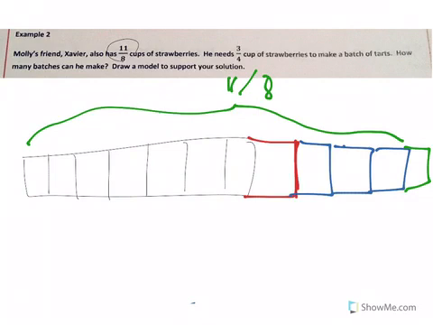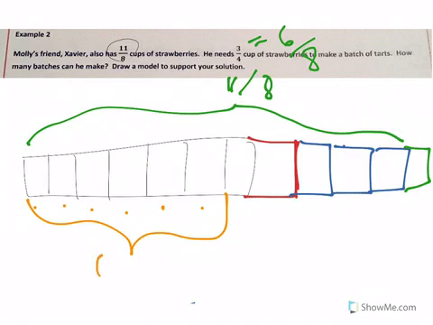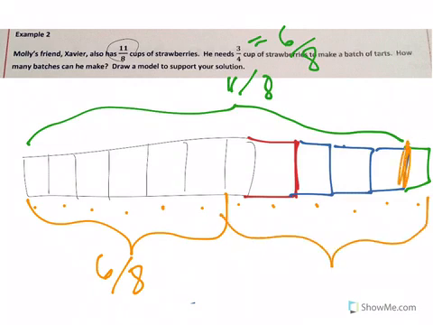Since I made my 3/4 into 6/8, I'll use orange for that, I know I can go 1, 2, 3, 4, 5, 6, and that's one set of 6/8. If I continue, I go 1, 2, 3, 4, 5, 6.